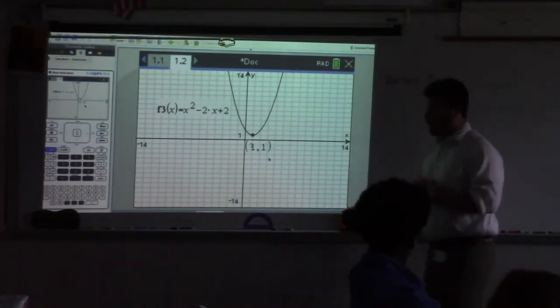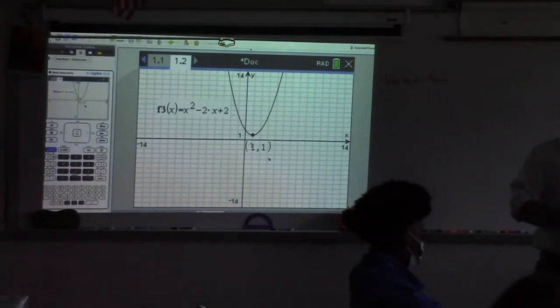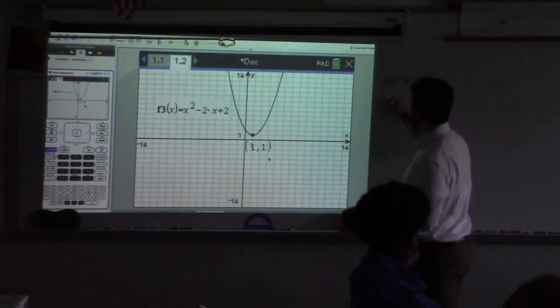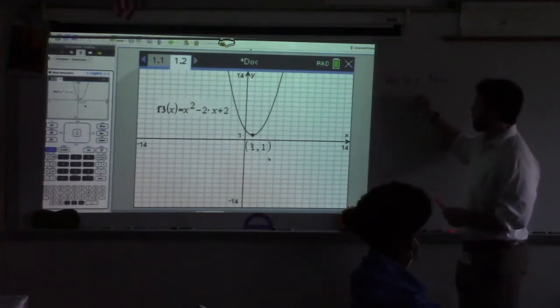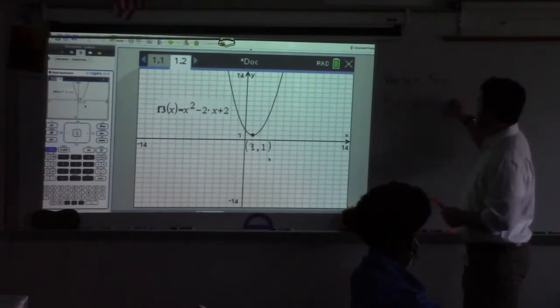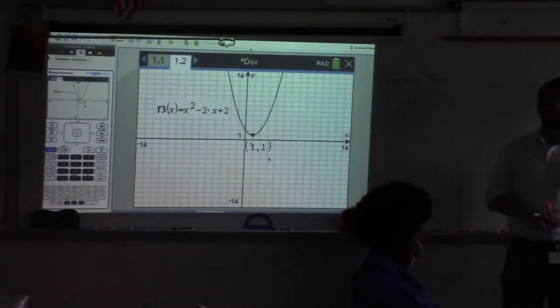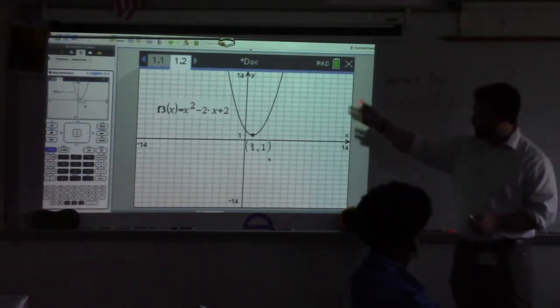So, I see people writing the equation. This is something I saw in the homework again. And before you just jump into the equation, make notes to yourself. What is the vertex form? y equals what? a. You got to know that equation. Now, I'm also going to write my notes from the graph.